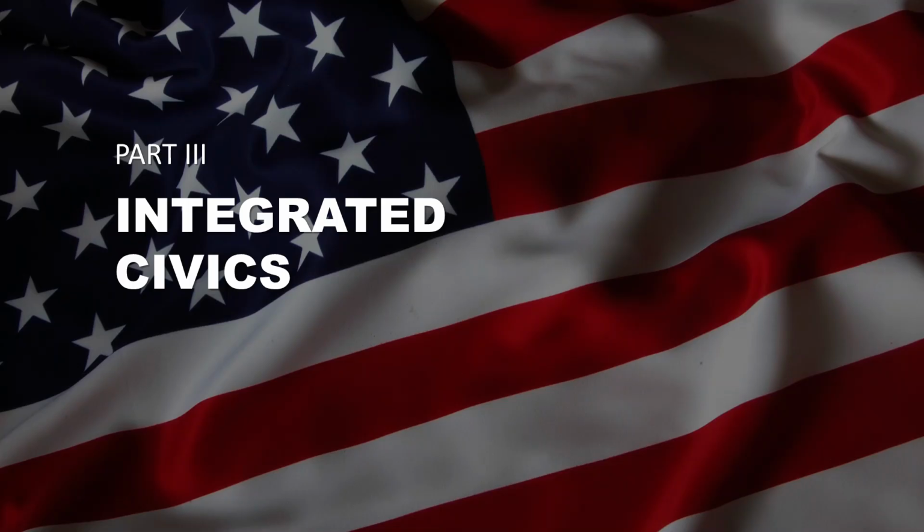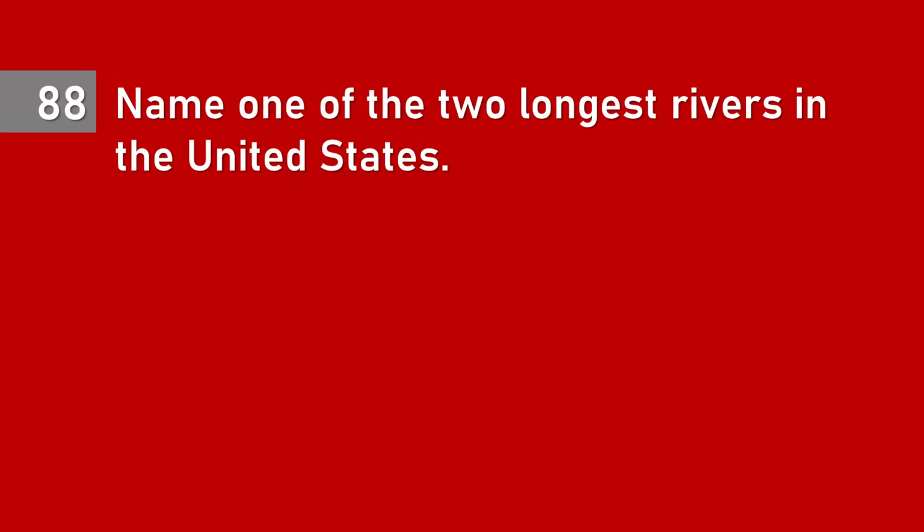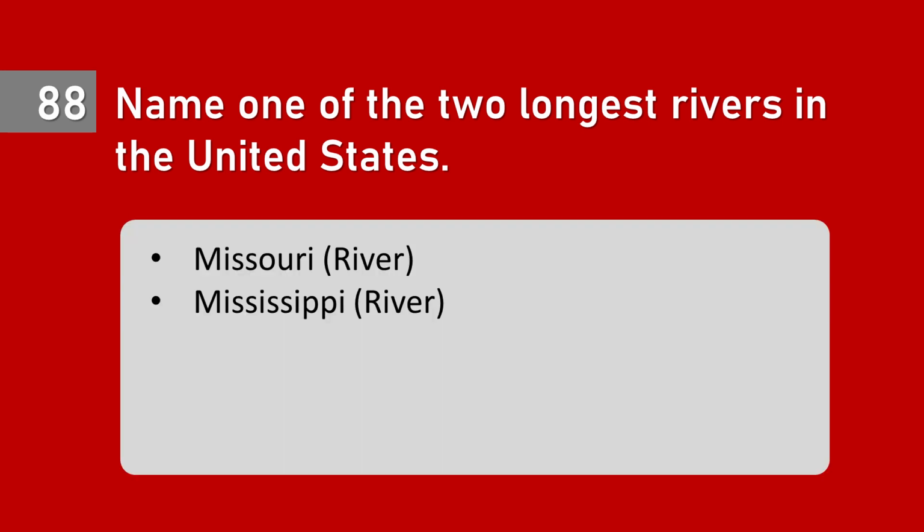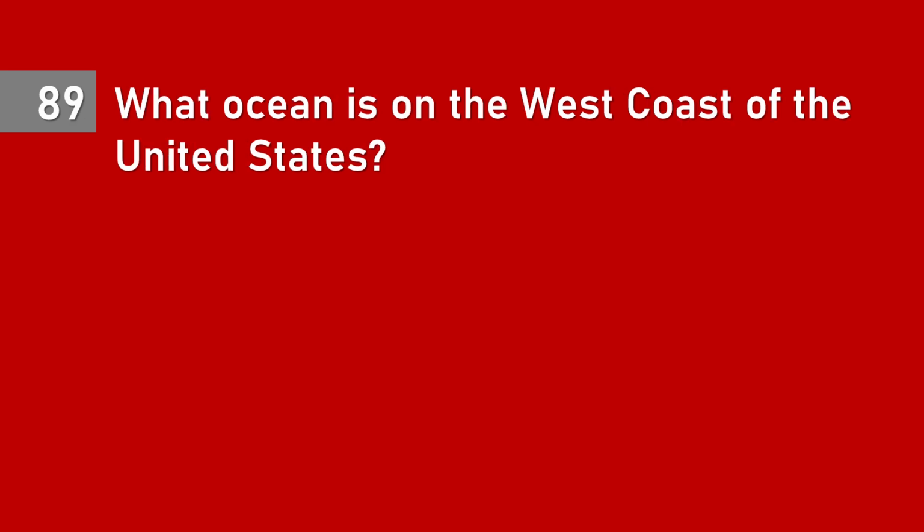Part 3, Integrated Civics. Section A, Geography. Question 88. Name one of the two longest rivers in the United States. Missouri River, Mississippi River.